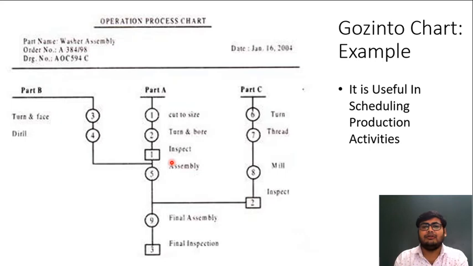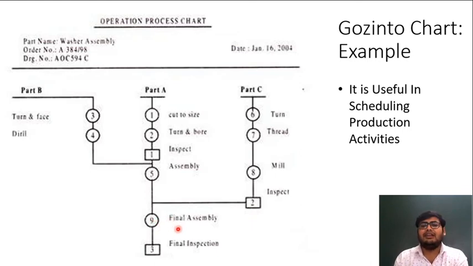So inspection number 1 is here, inspection number 2 is here. Once we are happy with part C, we will do the final assembly of assembly 5 and this part C, and the final assembly is number 9. So this is the ninth process, for doing the final assembly.